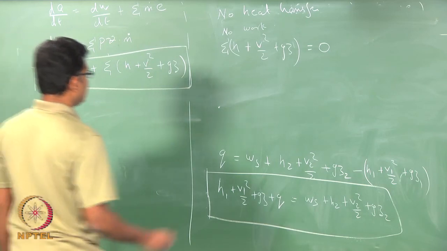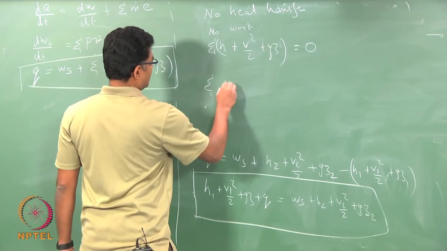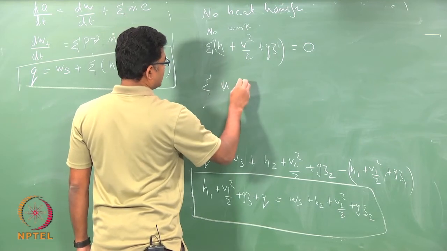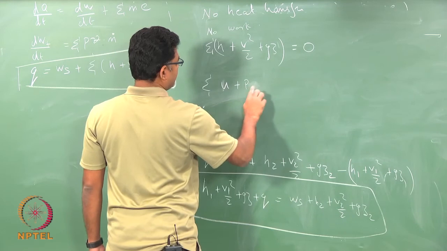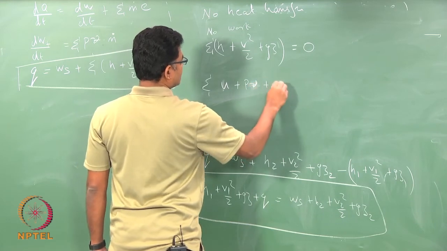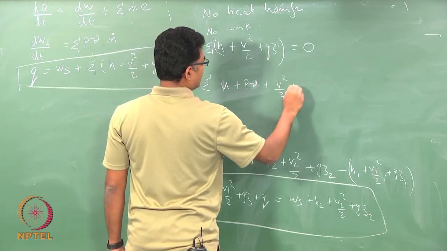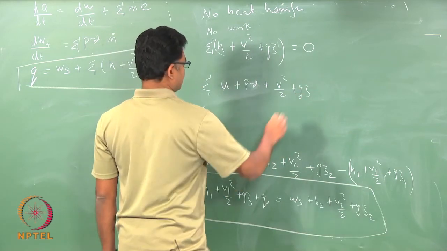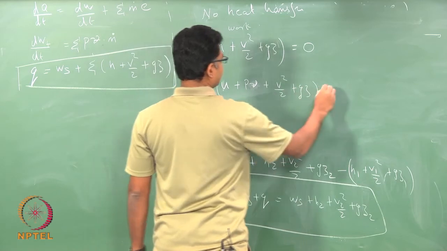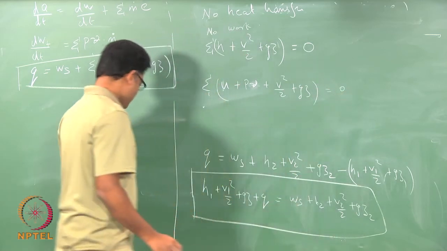Or from the original equation, sigma internal energy plus PV plus equals 0.